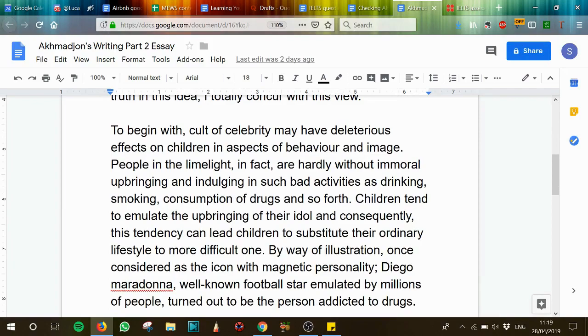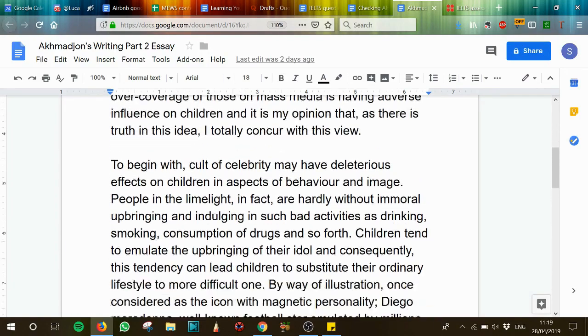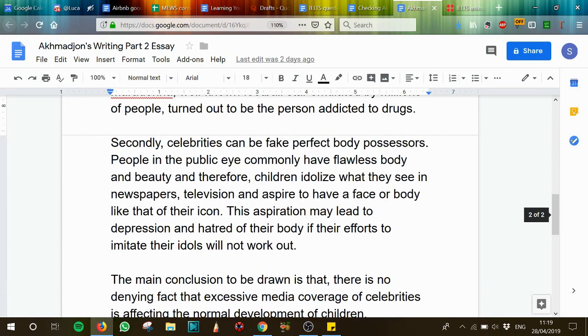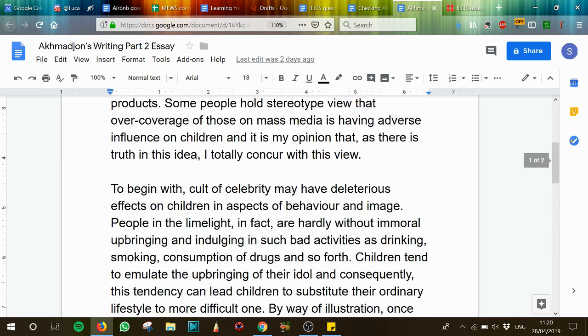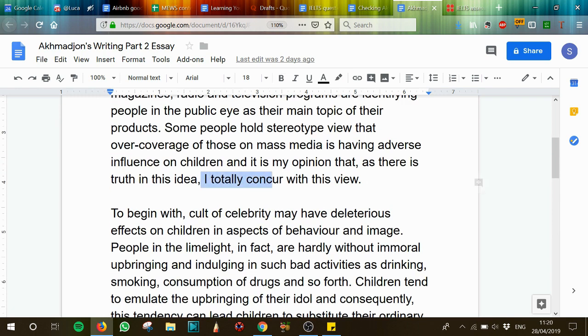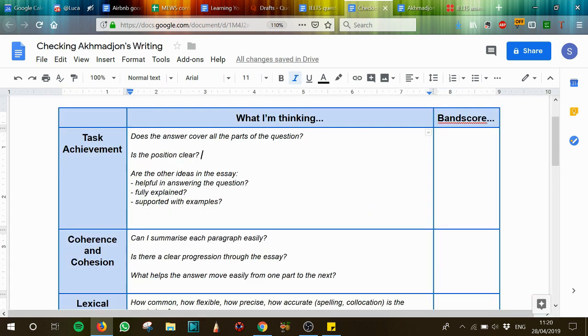It's very clear what his view is in his essay. He has 2 paragraphs supporting the idea and a main conclusion that this is a bad thing. He totally agrees with this view. So yes, Akmajon's position is very clear.